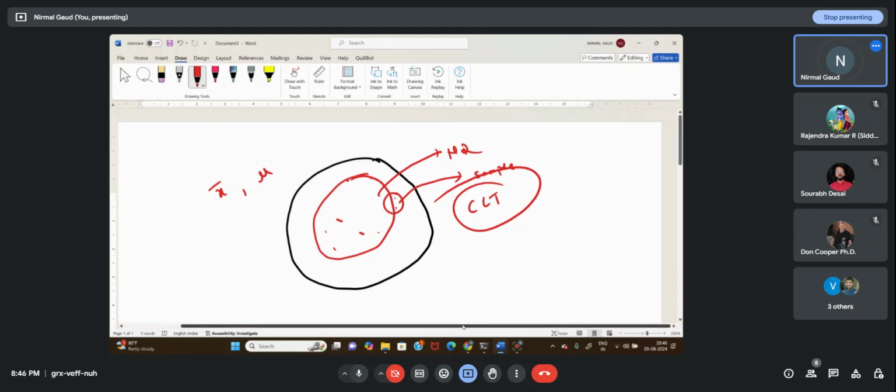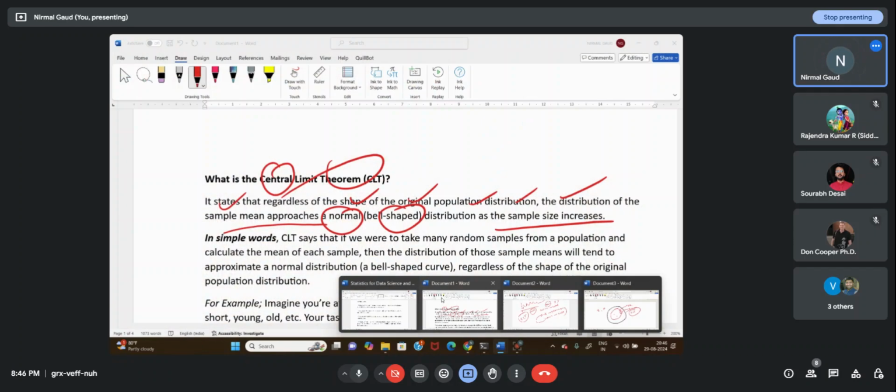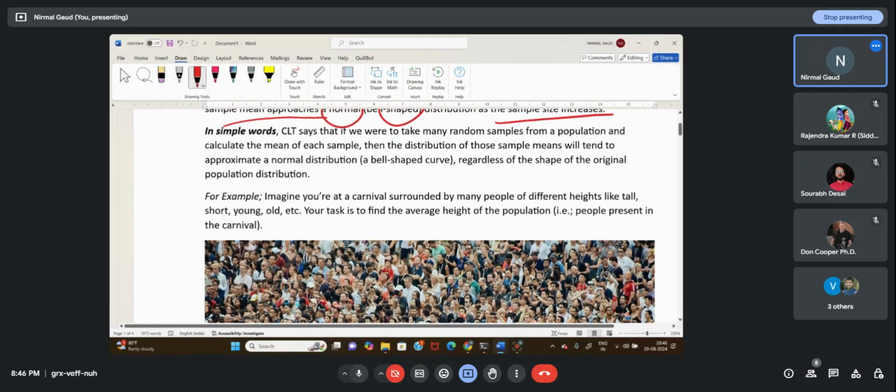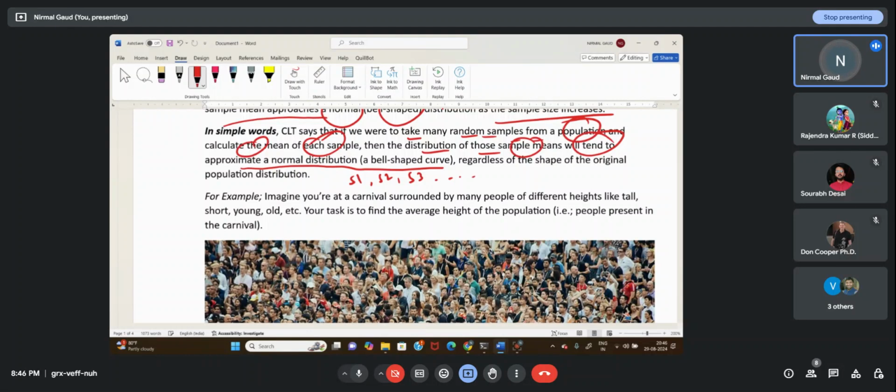Now, that's what the central limit theorem says: that if we take many random samples from the population and we calculate the mean of each sample, then the distribution of those sample means will tend to approximate the normal distribution. Take sample 1, sample 2, sample 3, as many samples as you want from the population.